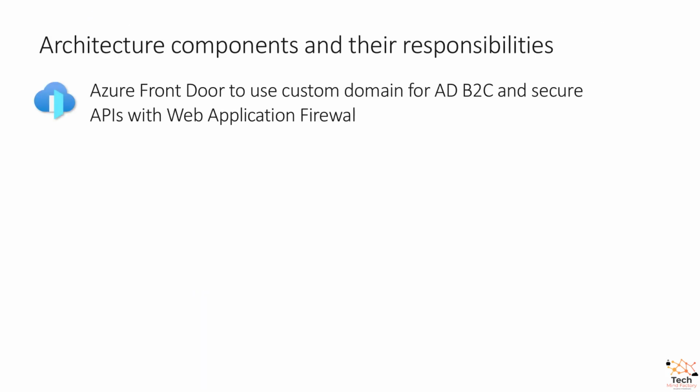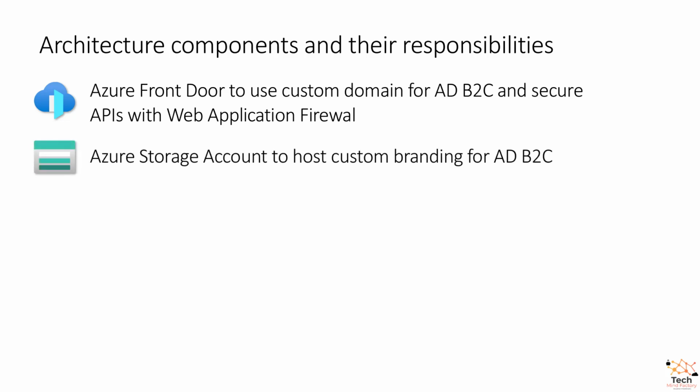And now let's talk a little bit about architecture components and their responsibilities. I know that I described it somehow and talked about different scenarios, but just to avoid confusion, let's talk about them right now. So Azure Front Door is used to enable a custom domain for Azure AD B2C service, as I mentioned, and to secure access to the APIs using Web Application Firewall.